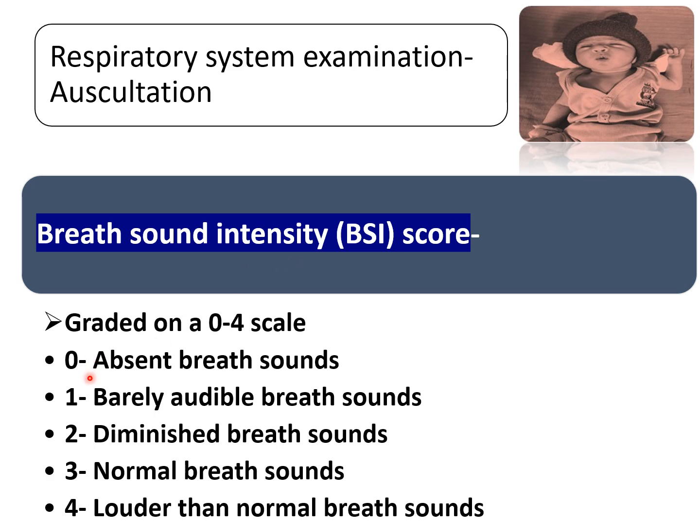We give grade 0 when there is absent breath sound, 1 when barely audible breath sound, 2 when diminished breath sound, 3 for normal breath sound, bilaterally equal and audible, and 4 when louder than the normal breath sound. So we have to compare the intensity by this BSI score in both the lung fields.